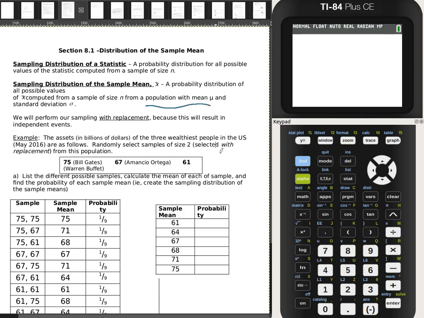is the symbol mu. But imagine you take a sample from the population and then you calculate the mean of the sample. You might get the same thing or you might get something different.